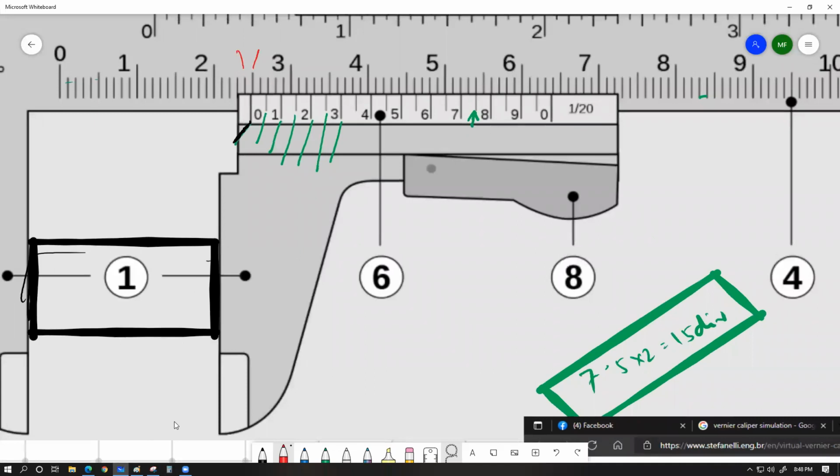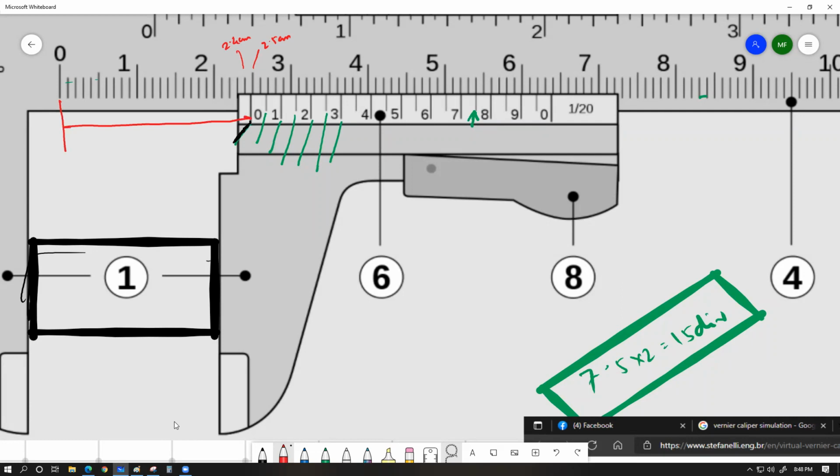So this value right over here is 2.4 centimeter, and this one, on the right of the zero mark of the Vernier scale, is 2.5 centimeter. The zero mark being over here actually means the total object is this much long, from zero to this zero.